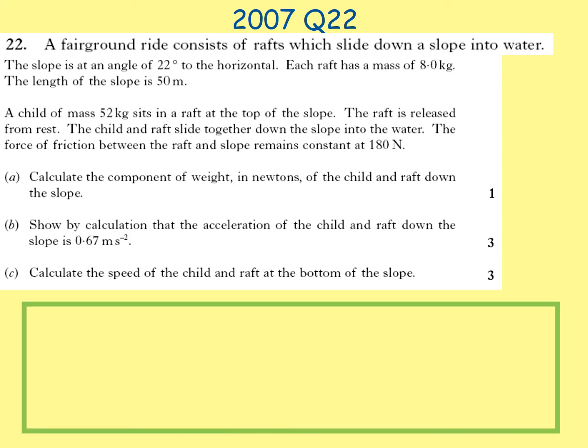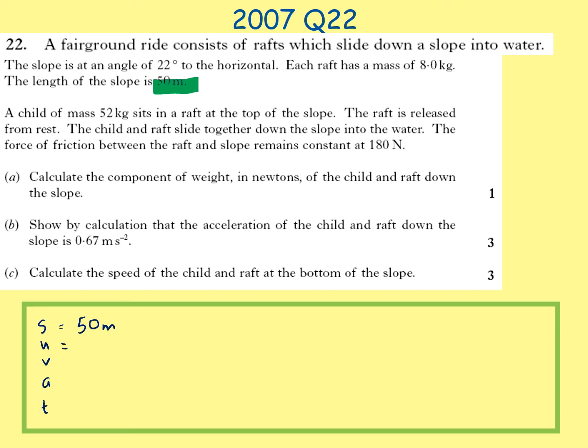Part C. Calculate the speed of the child and raft at the bottom of the slope. We want to go back to our equations of motion for this, so writing down our suvat, we know that the displacement, we can see up at the top of the question here, the length of the slope is 50 meters, so that's how far the child travels.